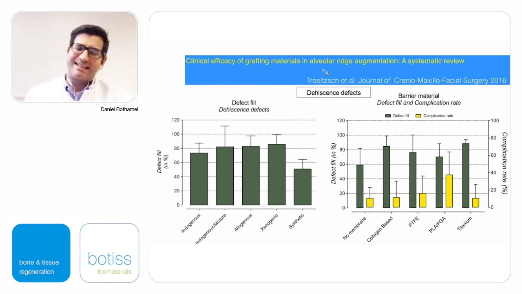It's not the case that it doesn't work at all, but when we want to see the best outcome, we have to use a membrane, whether it's a collagen-based membrane, titanium foil, or non-absorbed membrane, to just make sure that we have a reduction of the soft tissue encapsulated particles and a more complete bone formation inside the defect area.